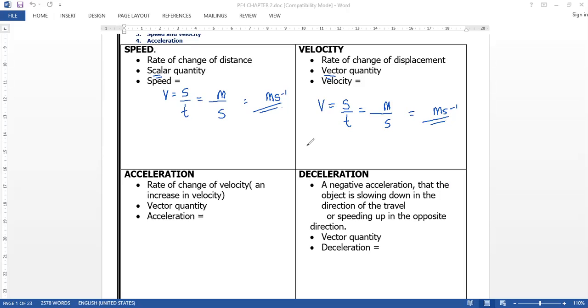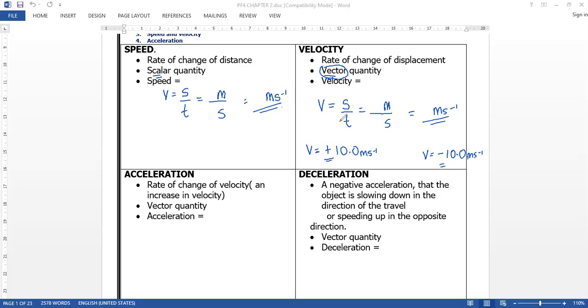So you can refer to a velocity from left to right as positive 10 meter per second. So if the object moved back from right to left, then the velocity will become negative 10 meter per second, because velocity is a vector quantity. So when you refer to one direction as positive, the opposite direction must be negative.